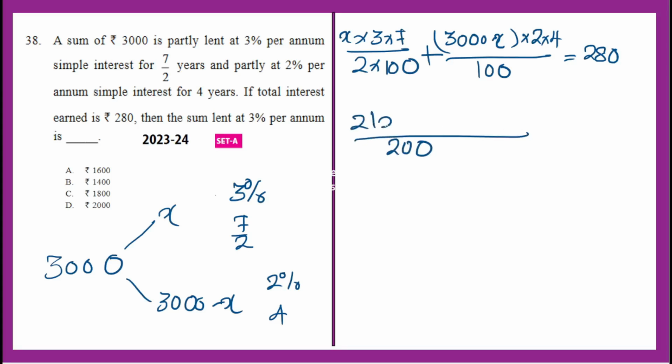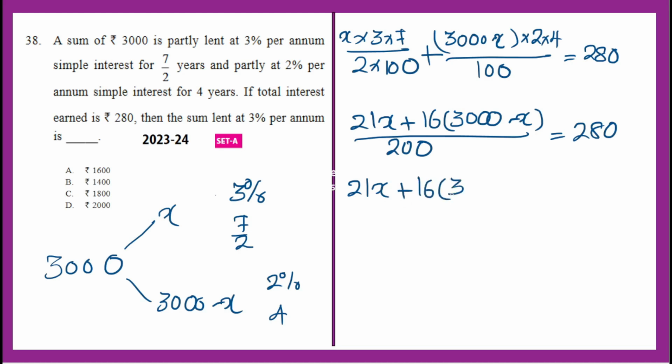Then 21x plus 16 times 3,000 minus x equals 280, cross multiplying, 56,000.